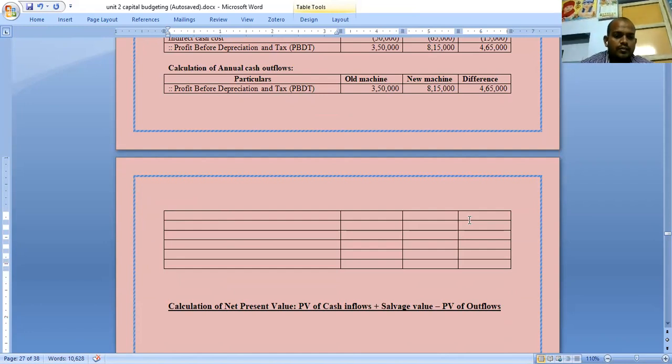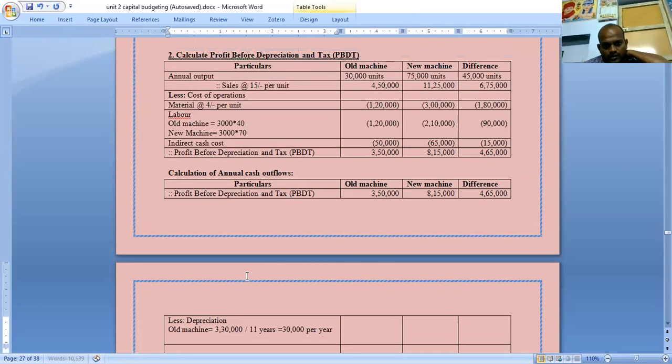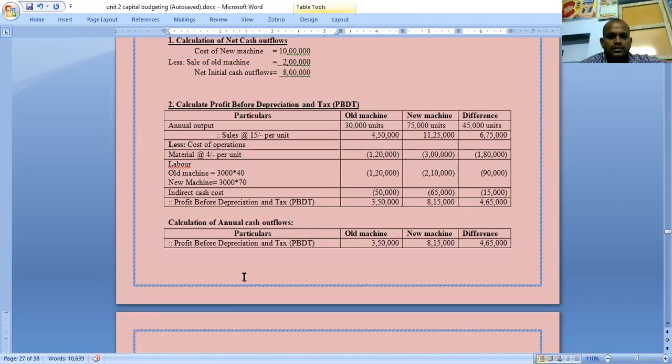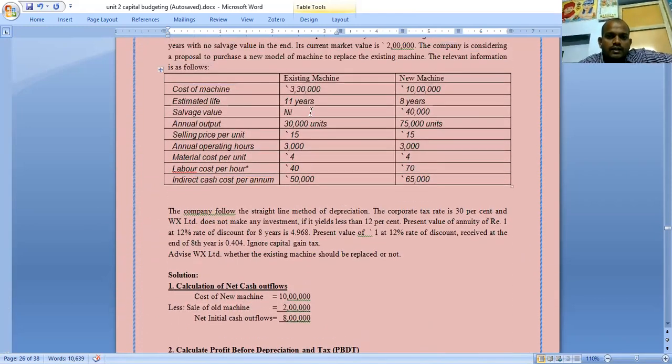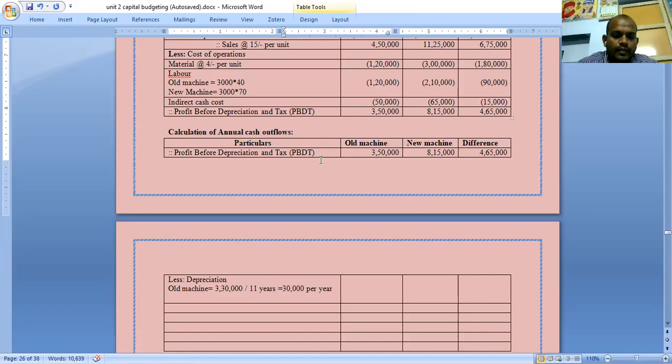Depreciation we have to calculate for the old machine as well as for the new machine. For the old machine, the book value is 3,30,000 by 11 years. As per the rule given, we follow the straight line method of depreciation. So 3,30,000 divided by 11, that is 30,000 per annum.